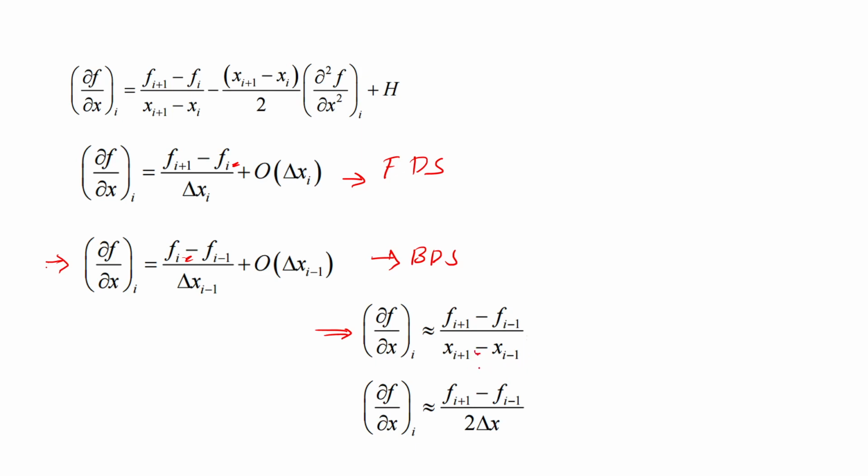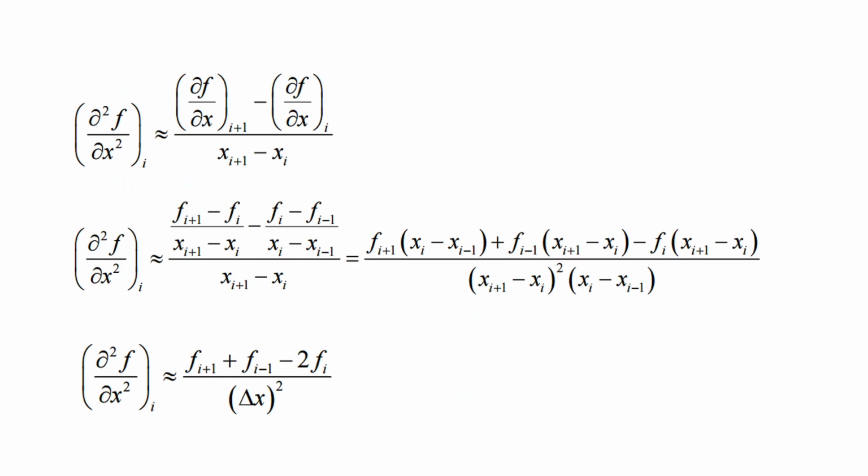So this is actually 2 times delta x. This is called the central differencing scheme, CDS.